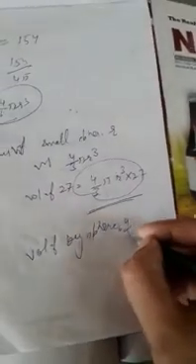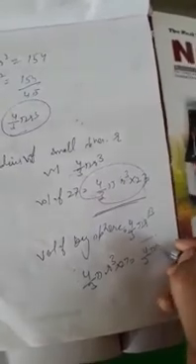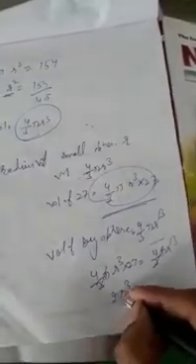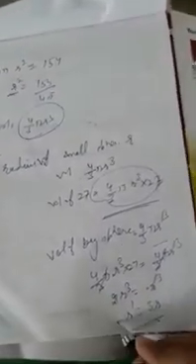So it is 4 by 3 pi r dash cube. Equate these two. 4 by 3 pi r cube into 27 is equal to 4 by 3 pi r dash cube. 4 by 3 pi cancels. 27 r cube is equal to r dash cube. So r dash will be 3r. Radius of big sphere is 3 times the radius of small sphere. This is your first part.